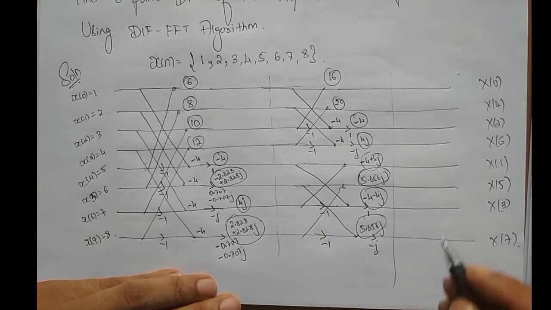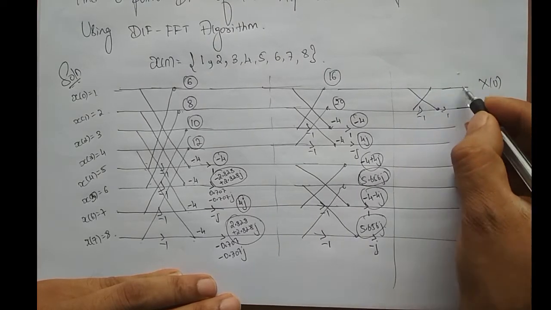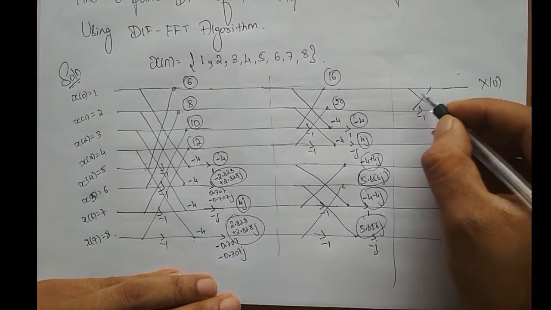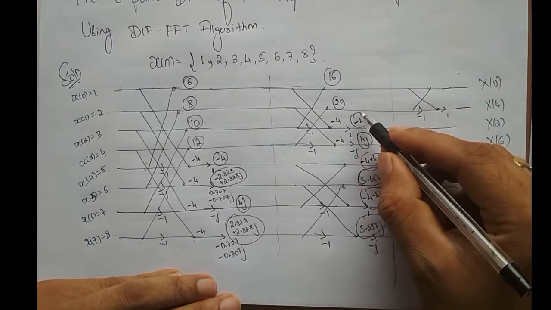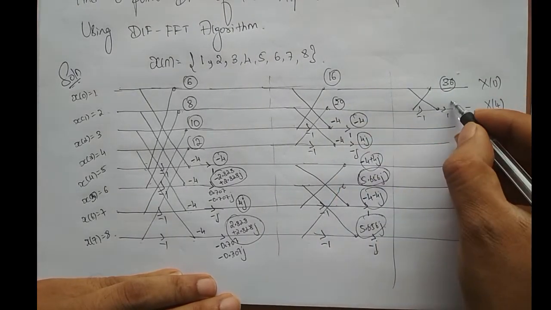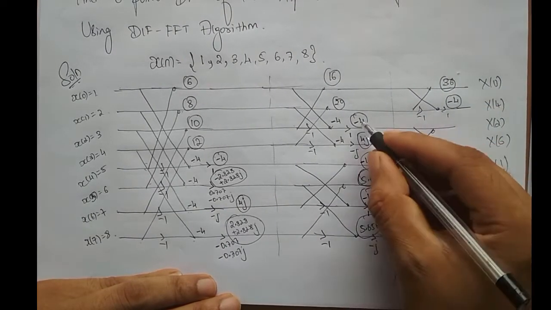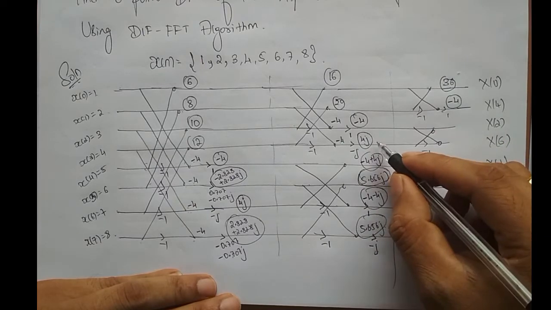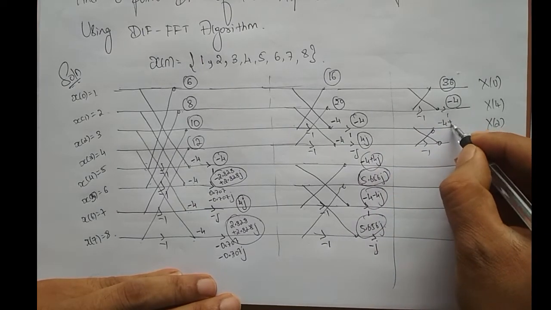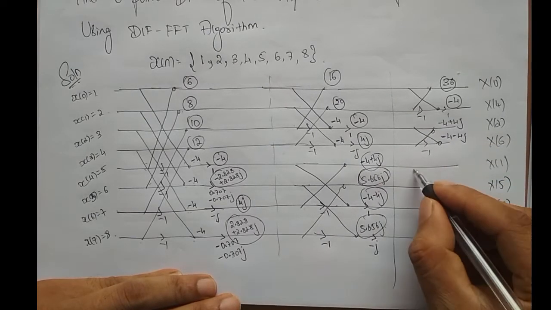So next, last stage. So minus 1, this is 1. So we have 16 coming here, added with 20, so we get 36. We have 16 coming here, subtracted with 20, we get minus 4. We have minus 4 coming here, added with 4j, which is equal to minus 4 plus 4j, and here it is minus 4 minus 4j, which is subtracted.